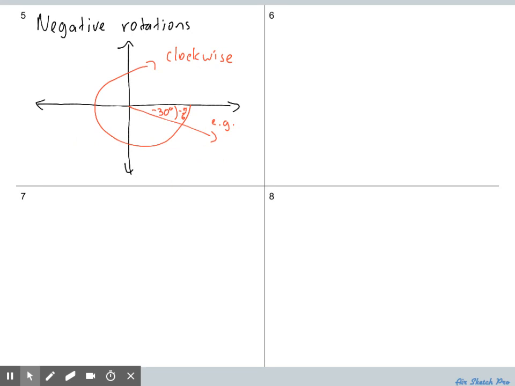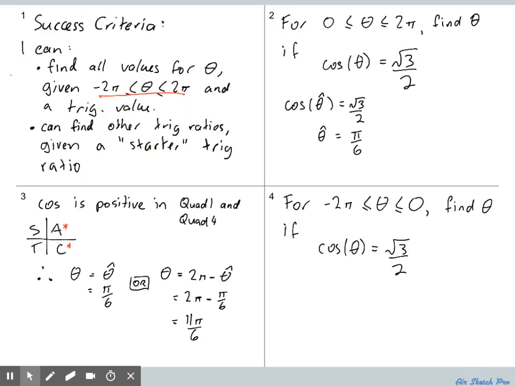So you're just going backwards. Hope that's okay. I'm just going to give you a moment. I'm going to go back now and then give you a chance to just finish that one. You should be looking at slide 2 and slide 3 to give you some guidance, but you just need to work out how having a negative angle will affect what theta could possibly be.